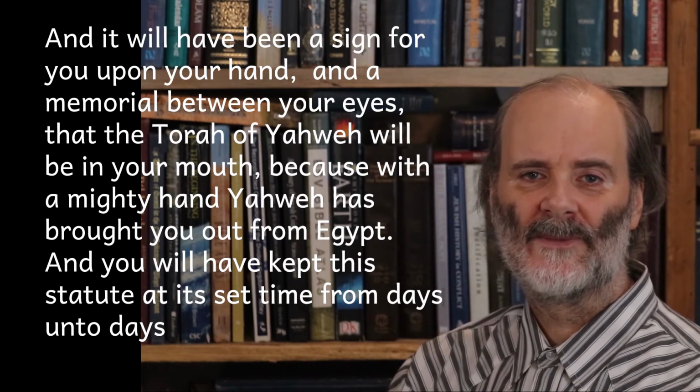End quote. Days unto days is a Hebrew idiom for the days of the solar year. Days, in the plural, is the idiom for the 365 or 366 days of a year. Therefore, the first day of the feast must be after the 365th day, or in the case of a leap year, after the 366th day.